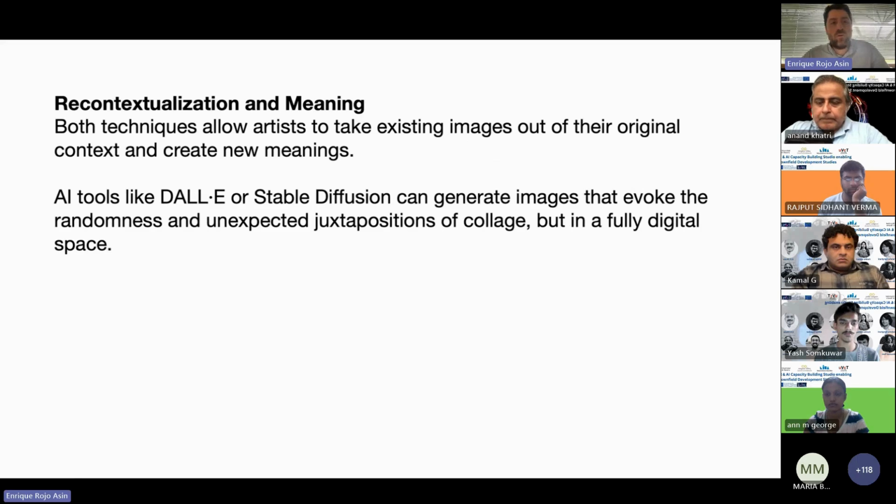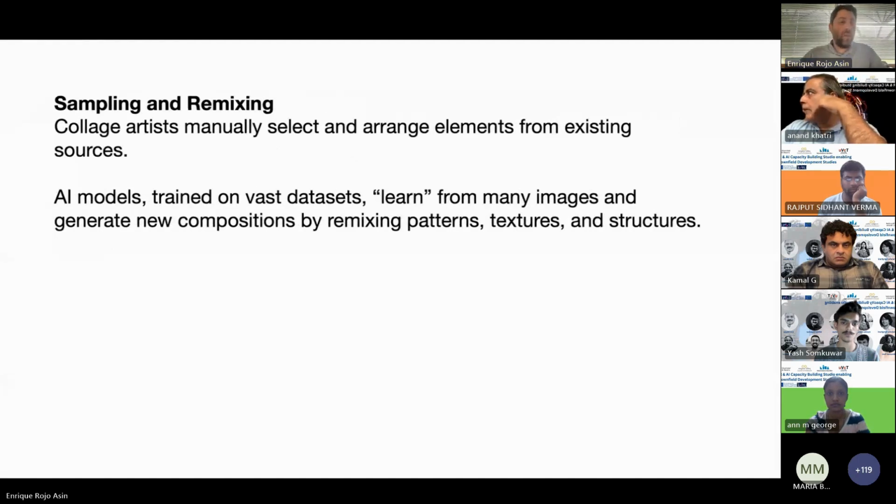Also, when you contextualize and give meaning to a place, when you do the collage and put it in the background, it's the same. These tools like DALL-E or Stable Diffusion can generate images that evoke the juxtapositions that you want with the collage, and that's the interesting thing when you are in control of it.